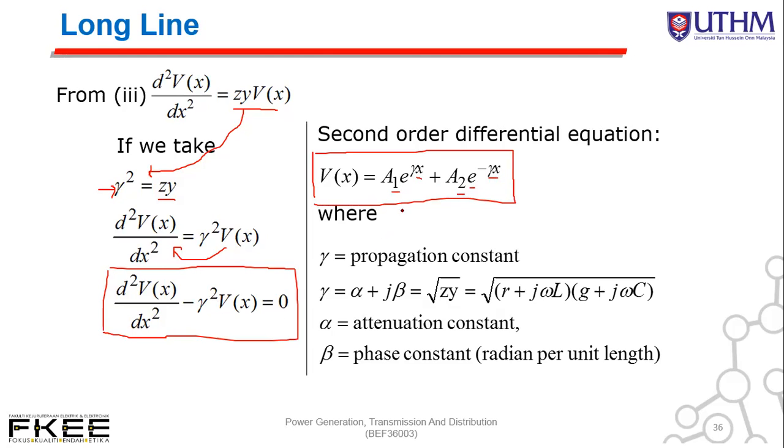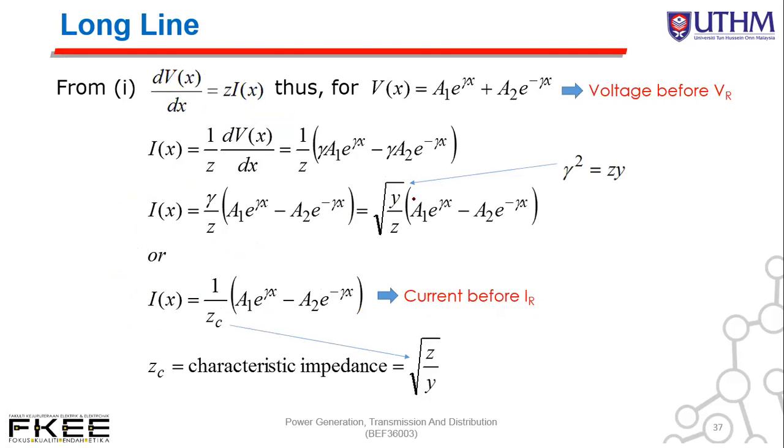Gamma is nothing but the propagation constant, which can also be written as alpha plus j beta, which is the same as the square root of ZY, the square root of (R plus j omega L) times (G plus j omega C). Alpha is the attenuation constant and beta is the phase constant, in radians per unit length. Okay, from equation 1 we have dVx over dx equal to Z Ix.